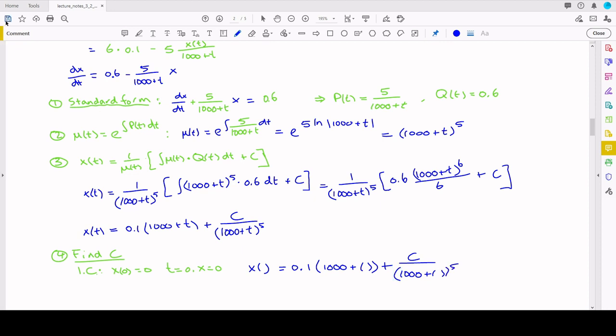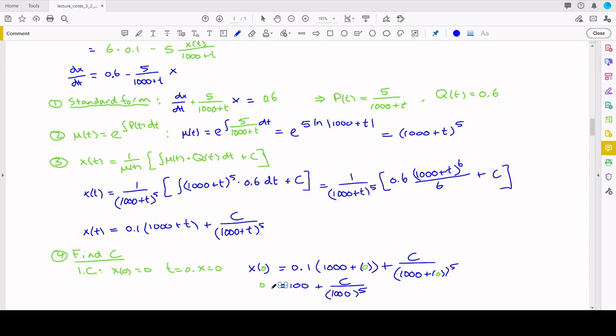Right, so the left-hand side is 0, and then the right-hand side, we get 1,000 plus 0, that's 1,000 times 0.1, that's 100, and then plus c over 1,000 to the power of 5.